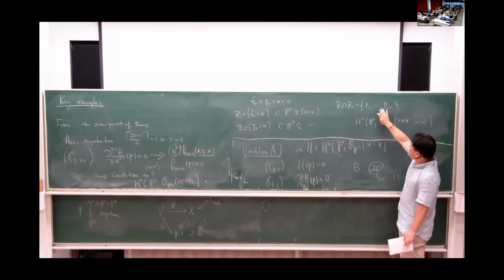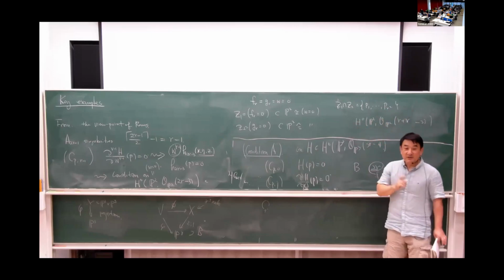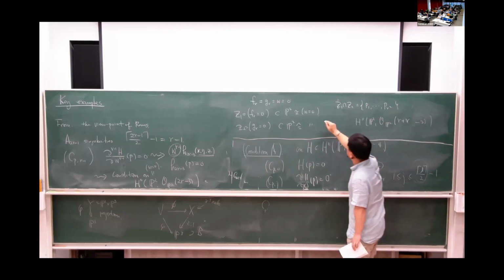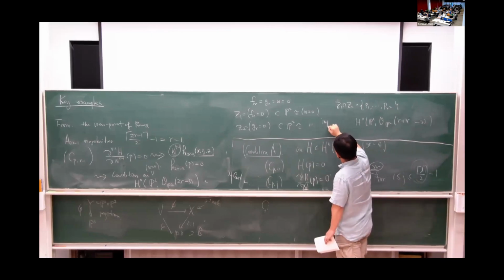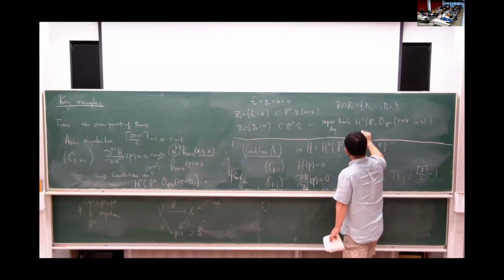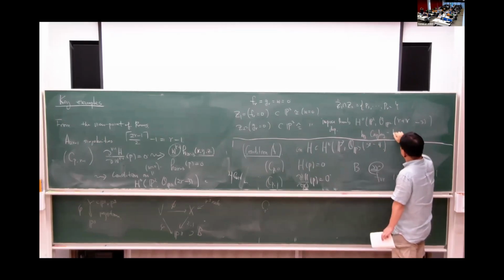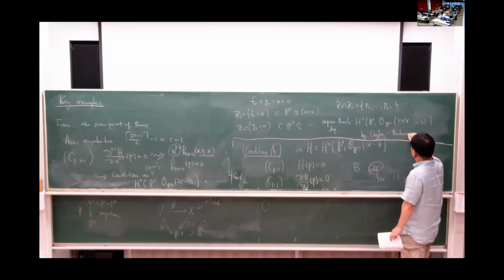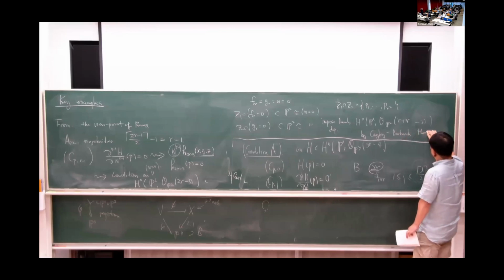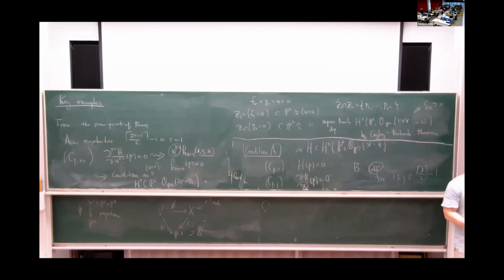So these points impose linearly dependent conditions. This is by Taylor. Right? So that means your defect is positive. Okay.